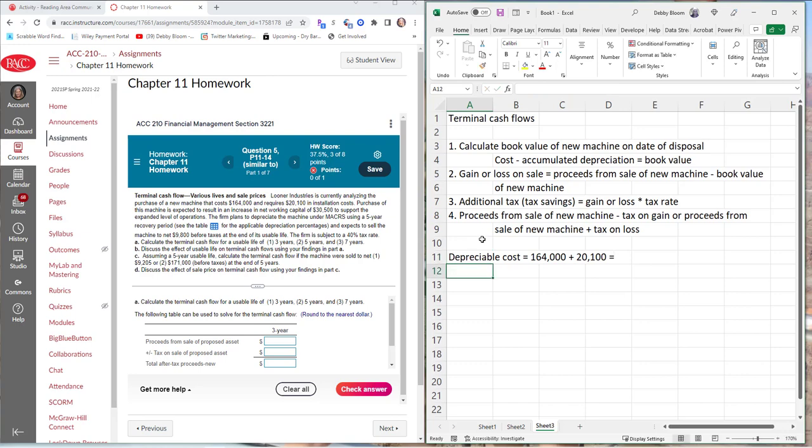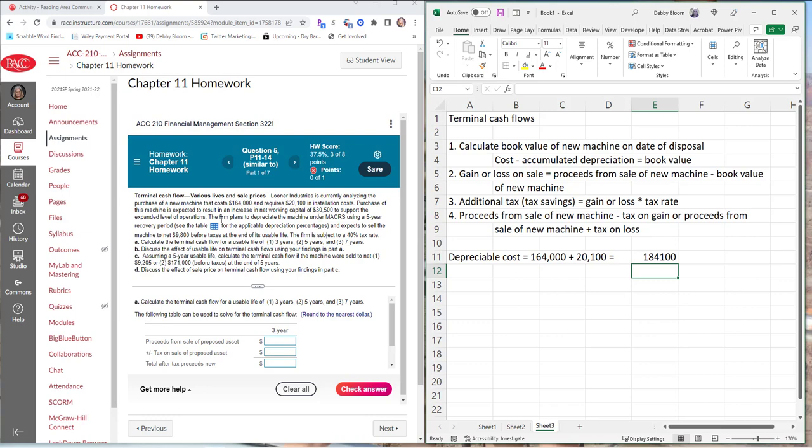So we're actually going to depreciate $184,100 over the useful life. I'm just going to take $164,000 and add the $20,100 in installation costs.